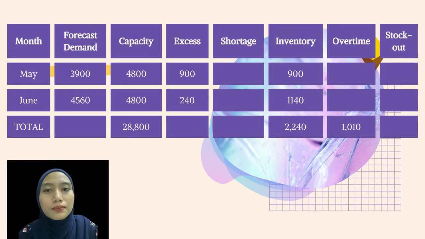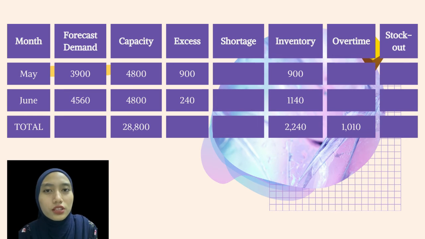Next, for May, the forecast demand is 3,900. We just put the amount from the table of the question above. After the 3,900 minus capacity, we get 900 excess forecast demand. So we put 900 in the excess and inventory column.